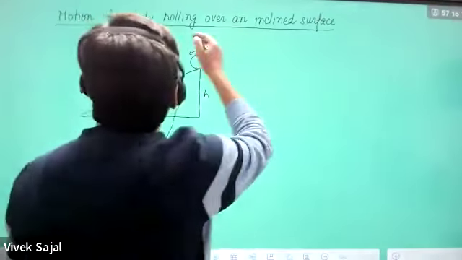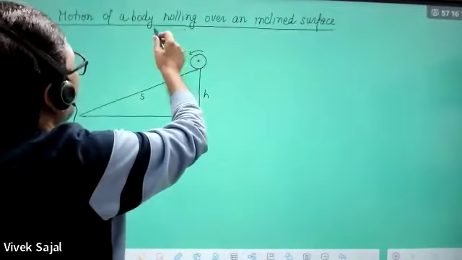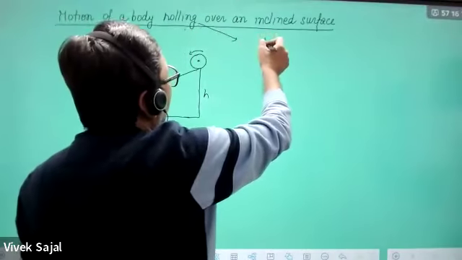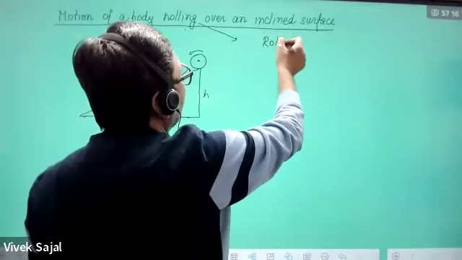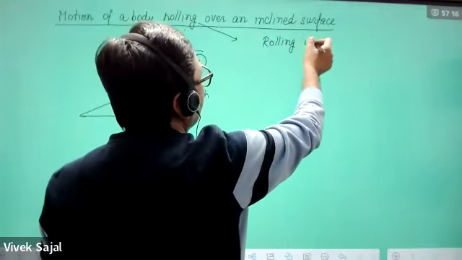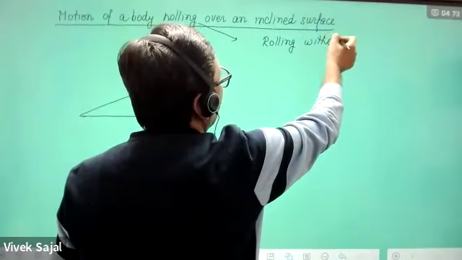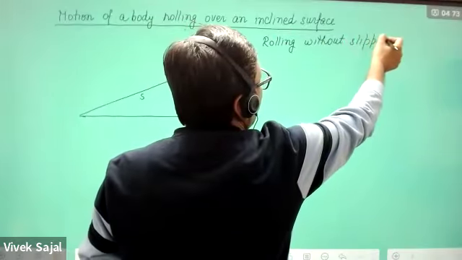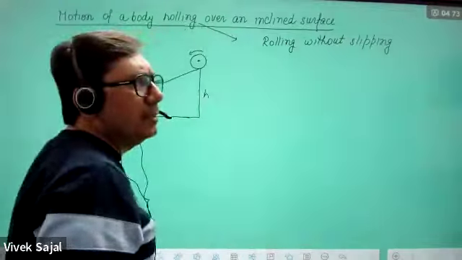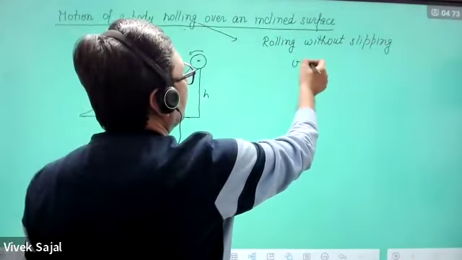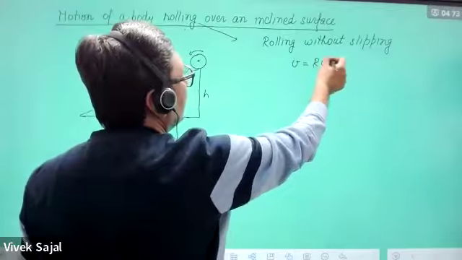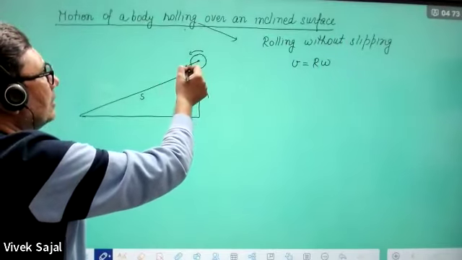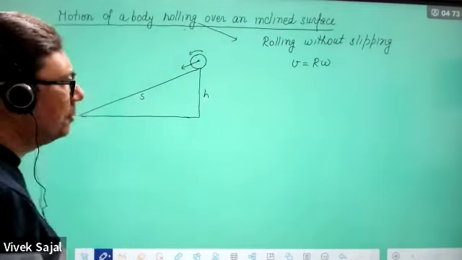Now, what type of motion is there? Rolling. Motion of a body rolling without slipping, so v will be equal to R omega. This condition is going to be satisfied. Now it starts moving down.